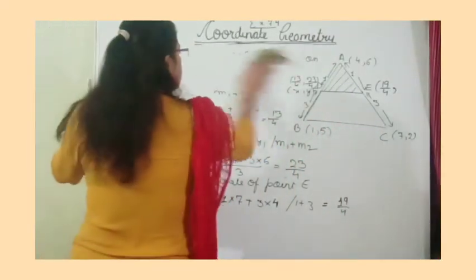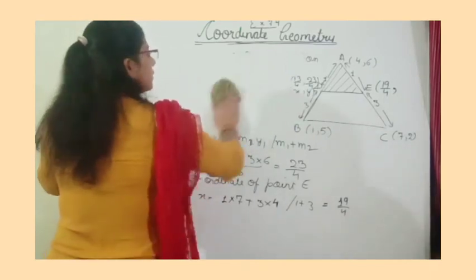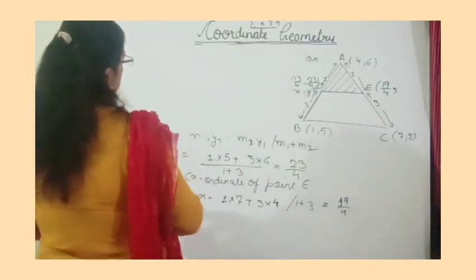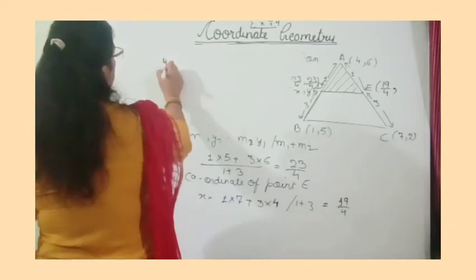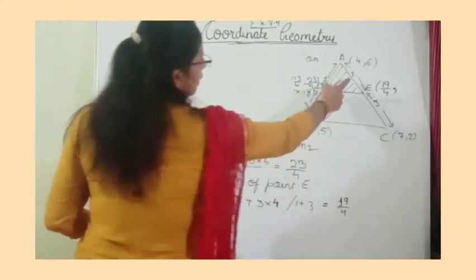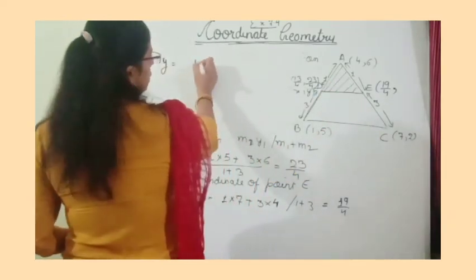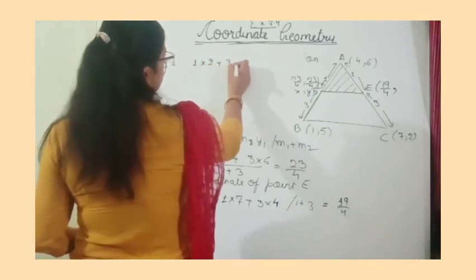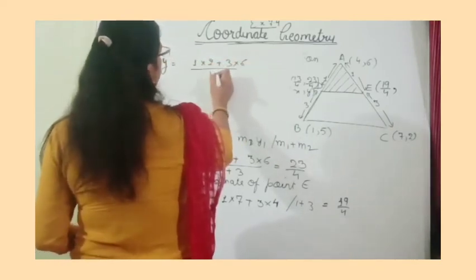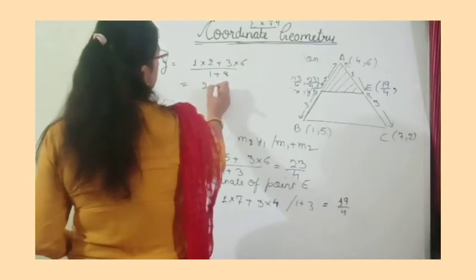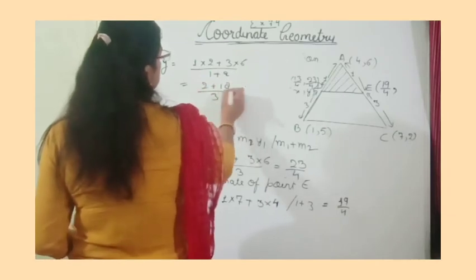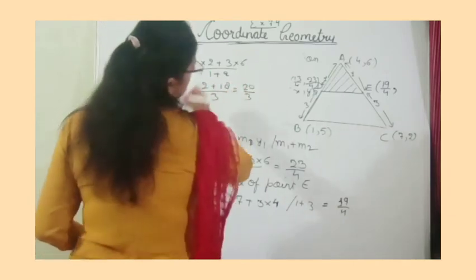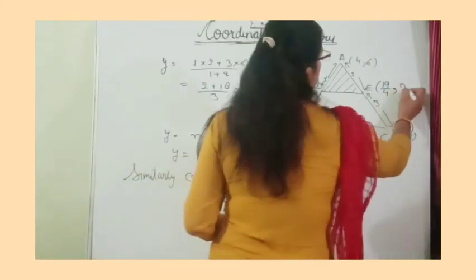So y coordinate is equal to M1 y2 plus M2 y1, 1 into 2 plus 3 into 6 divided by 1 plus 2, that means 2 plus 18 divided by 3, 20 upon 3.